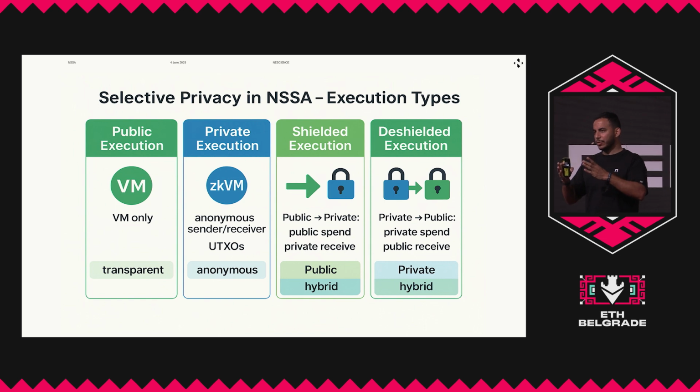We have a private execution where we use a ZK VM, and it reads and writes from the private state. Then we have shielded and deshielded execution. Shielded execution reads from the public state and writes in the private state. So we are spending publicly, but whoever is receiving funds or assets or data receives them privately.